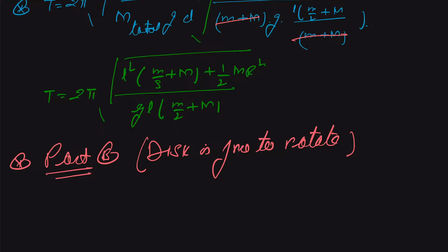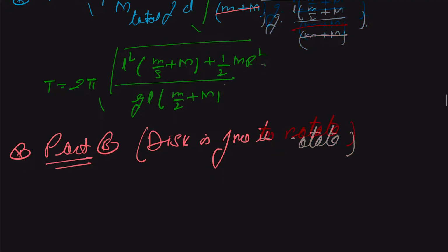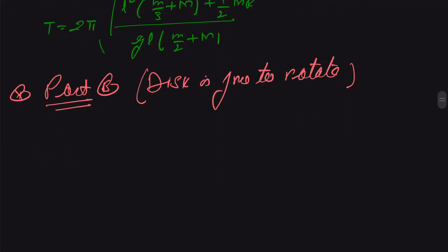So it means we have to remember that initially, in the first case, we had the disk, and in this case, because the rod and the disk act as a single entity, as the rod is making to and fro motion, the disk is accordingly moving with it.